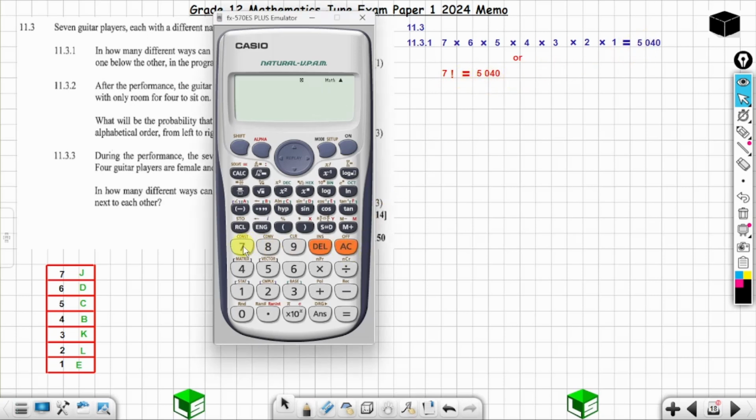You can see 7 factorial: you press shift, and you have factorial there. 7 factorial means you have to multiply from 7 all the way to 1. So you can give your answer like this or like this.